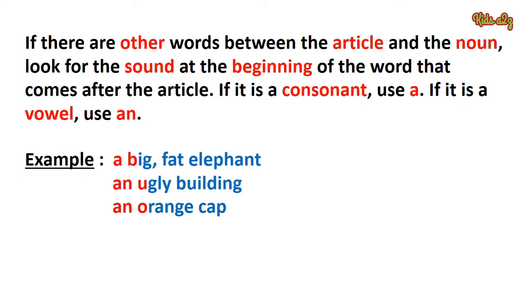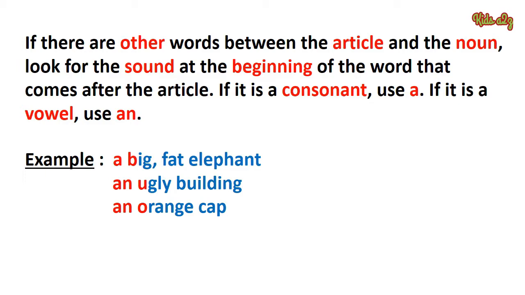Here is another rule. If there are other words between the article and the noun, then look for the sound at the beginning of the word that comes after the article. If it is a consonant, use a, and if it is a vowel, then use an. Like a big fat elephant.